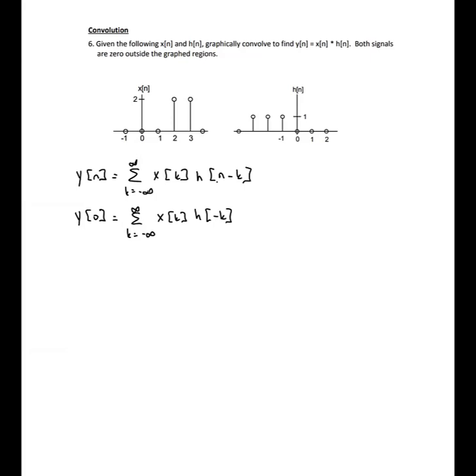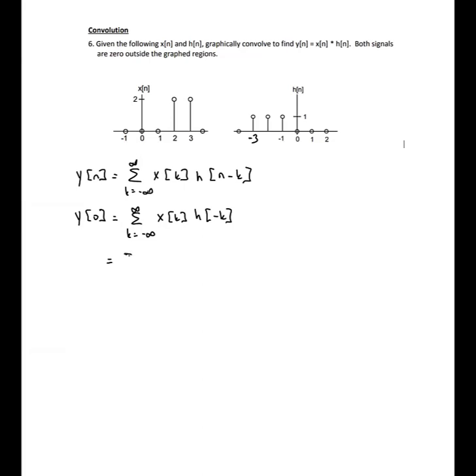I can't do the summation for all infinity, but I think it's pretty clear from here that the only places that we've got values are in that range of -3 to +3. If we go beyond that, we'll always be multiplying by zeros, guaranteed.